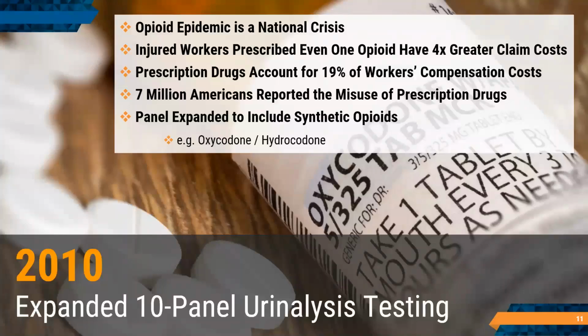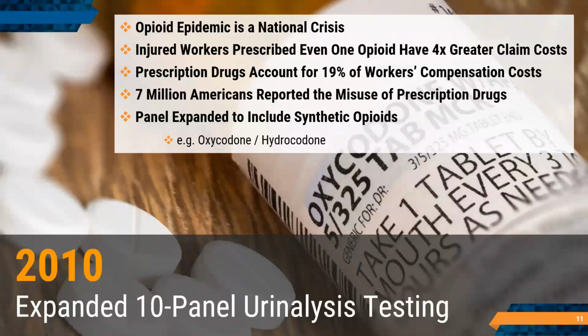And so by expanding the panel to include additional opioids, like hydrocodone as an example, it created better detection that drug usage was occurring, and also a better deterrent to, again, try and avoid any risk being presented on site.